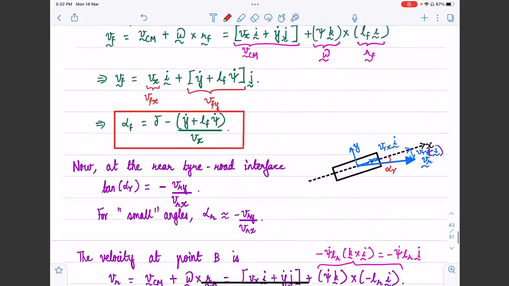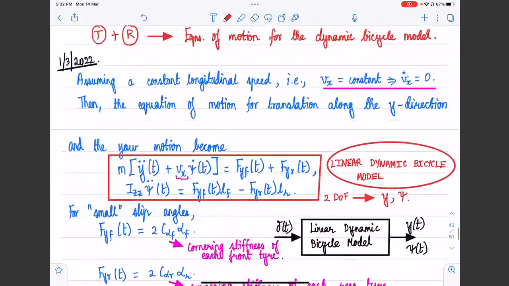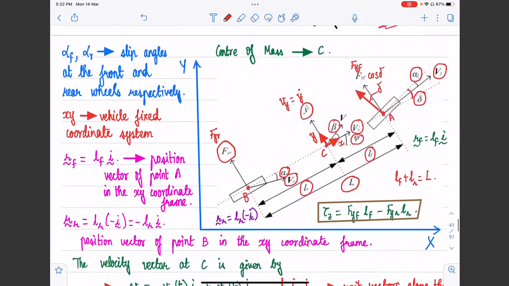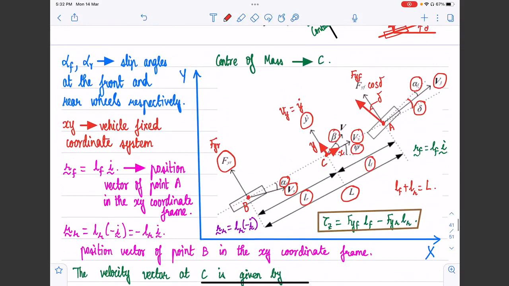This F_YF should be perpendicular to the central plane of the wheel. Now we are essentially taking it perpendicular to the longitudinal axis in all the derivations. So the component should strictly be F_YF cos delta. That's where the small angle assumption comes in.